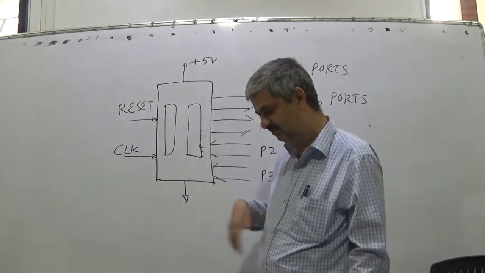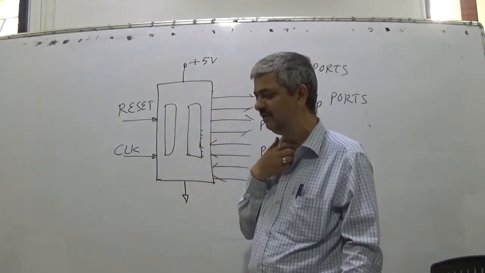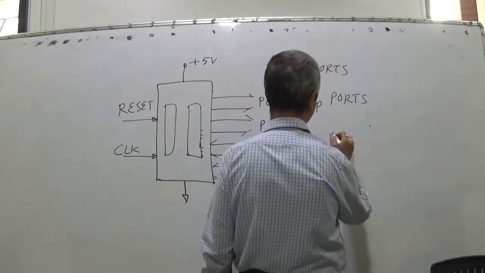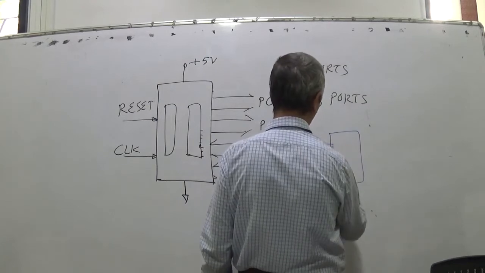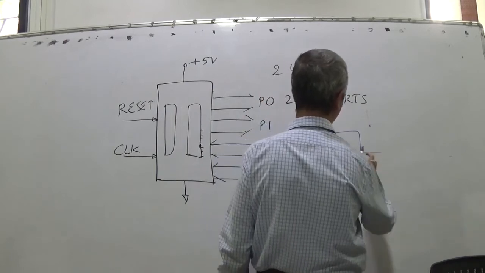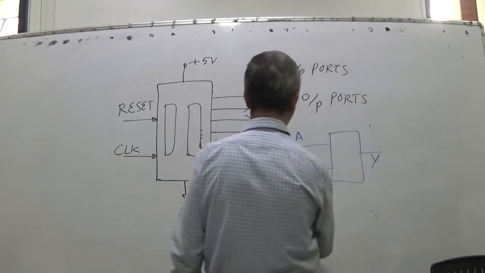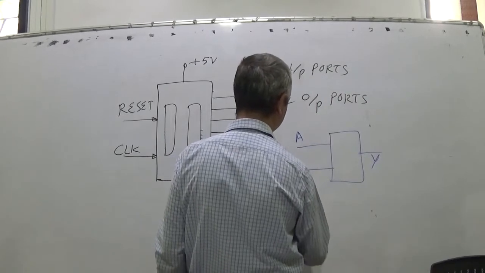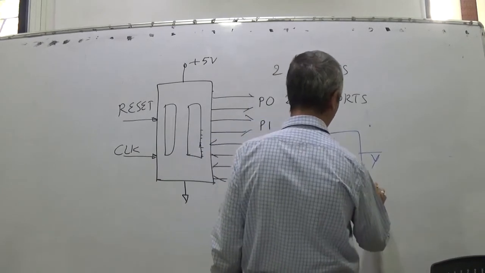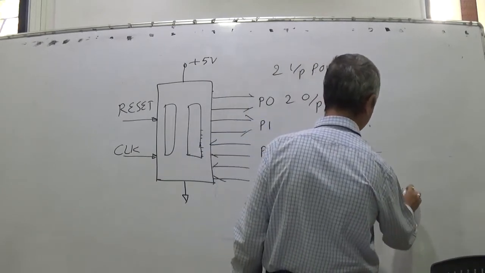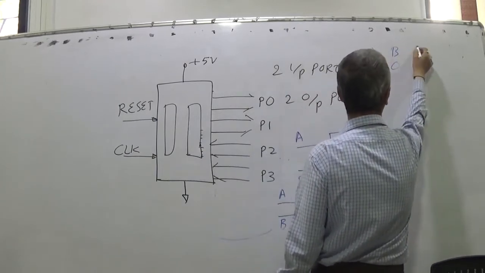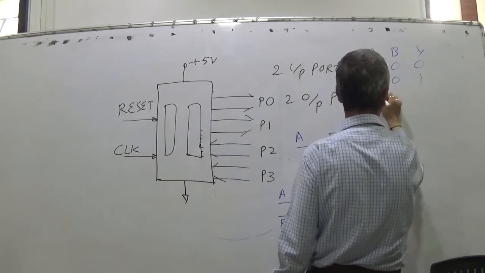When this concept of CPU was not there and some kind of digital things were there, at that time a combinational circuit was there. What is the simplest thing? 2 input pins, 1 output pin, Y. So you had an OR gate, A, B and Y. So we write Y equals A plus B. That is A0, B0, Y0.